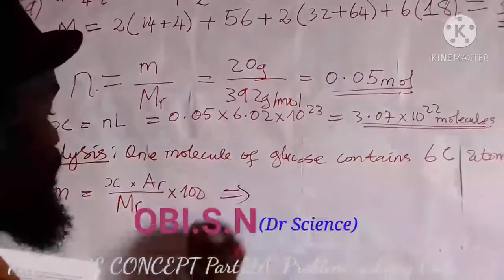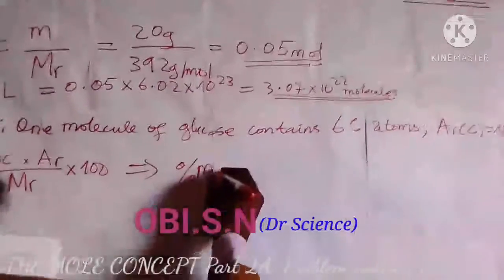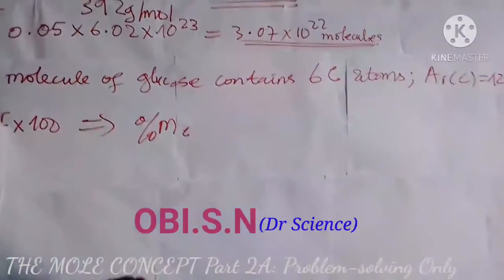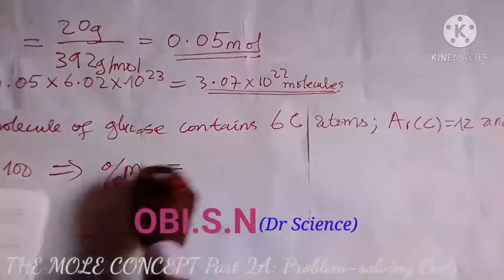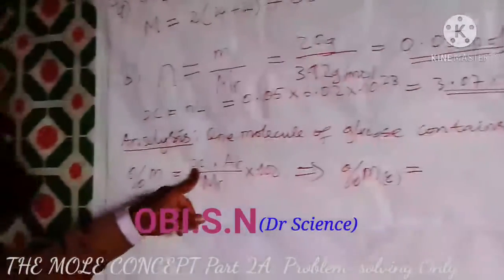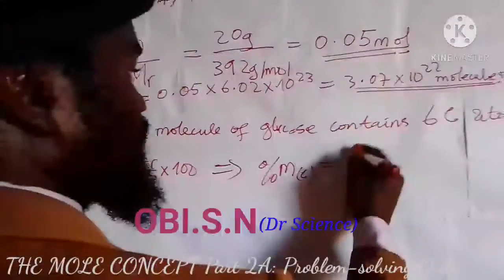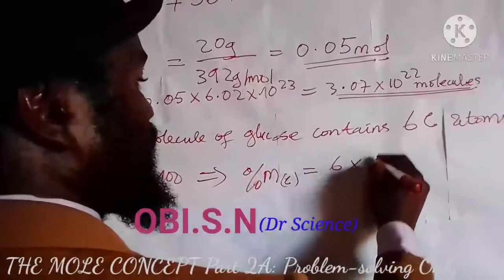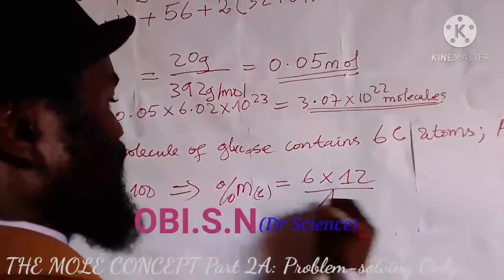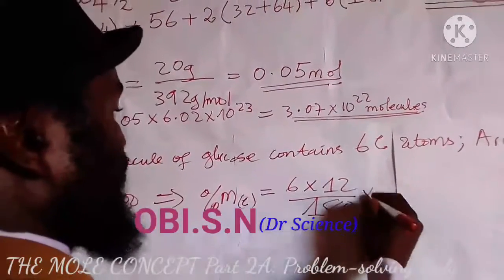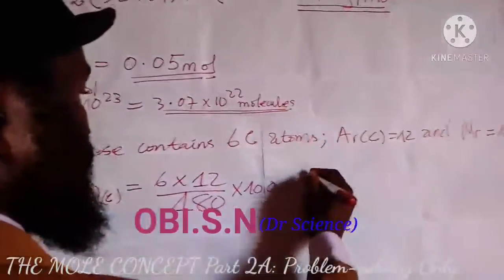This means that percentage composition of carbon should be equal to, where X is the number of atoms of carbon in one molecule of glucose, 6 carbon atoms times the relative atomic mass of carbon 12 divided by the relative molecular mass of glucose 180 times 100. This gives us 40%.